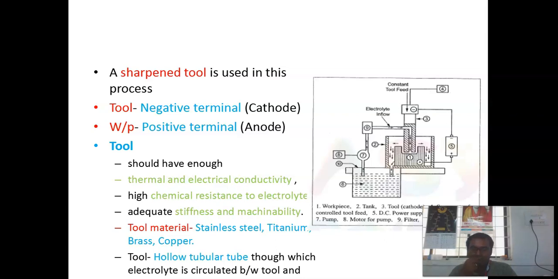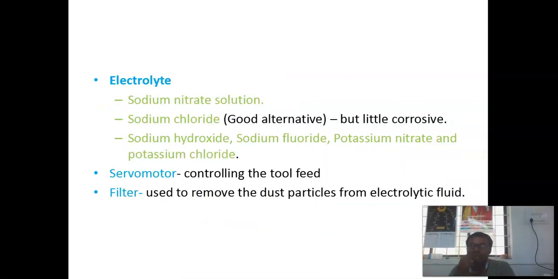Some tool materials are stainless steel, titanium, brass, copper, etc. The tool has a hollow tubular shape through which electrolyte is circulated between the tool and the workpiece. Some electrolytes used in electrochemical machining are sodium nitrate solution, sodium chloride, sodium hydroxide, sodium fluoride, potassium nitrate and potassium chloride.